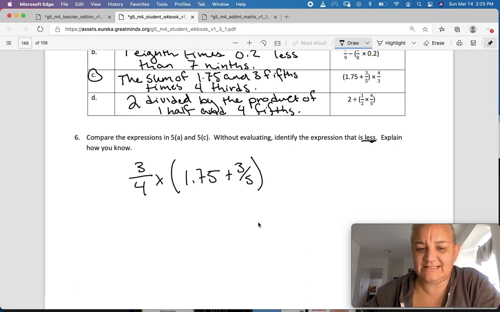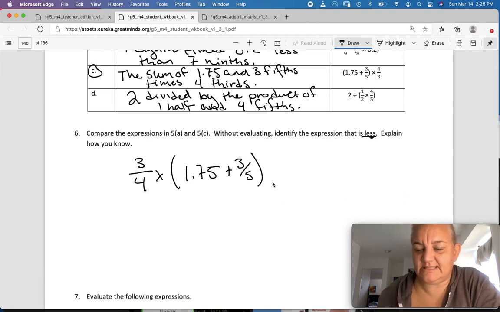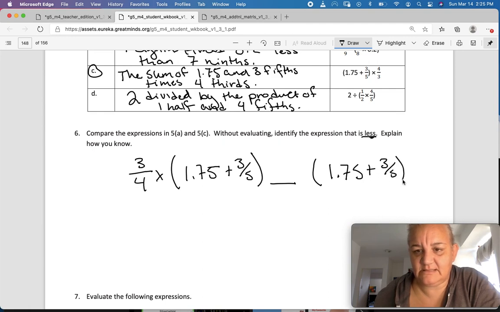And we want to decide which is greater than, less than, or equal to, but one is going to be less than. And then 5c is 1.75 plus 3/5 times 4/3.